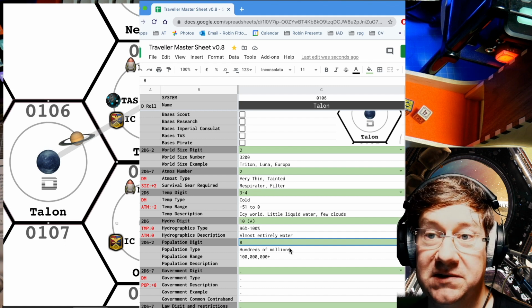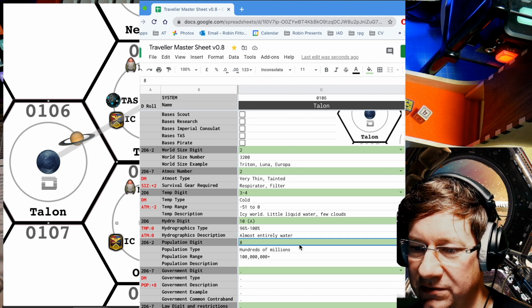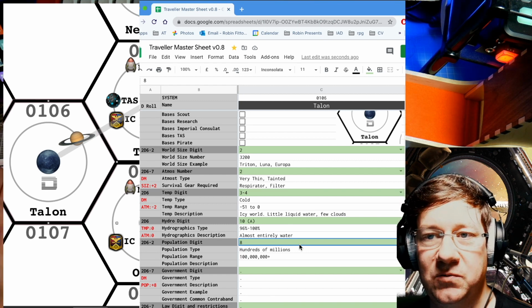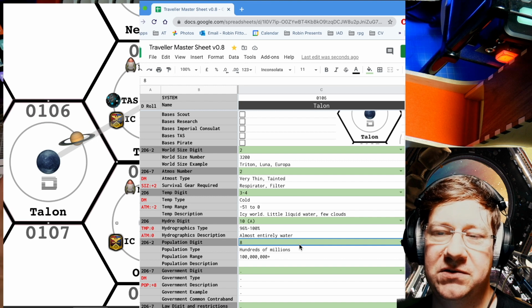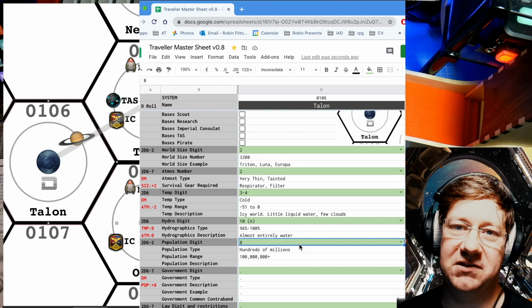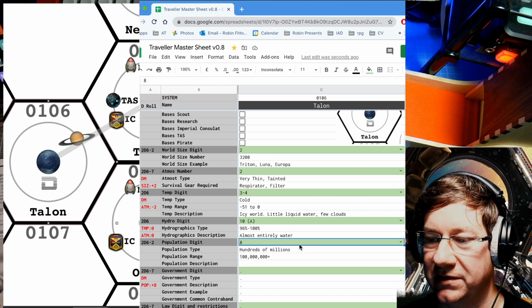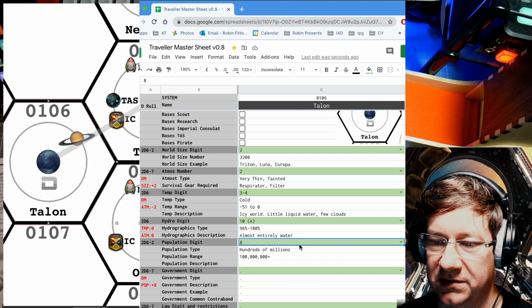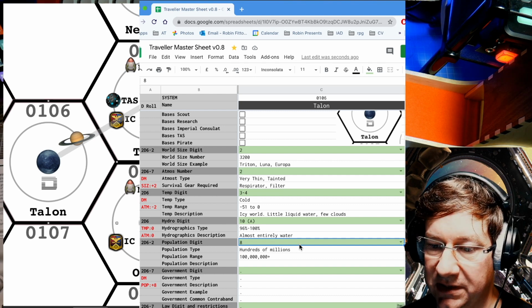Or there could be some bases built into this ice world as well. Also, it says it's almost entirely water. It could just be that the first mile depth of the planetoid has a solid packed ice in one way or another. So it doesn't have to be ice to the core. It could be a dirty rock underneath too.